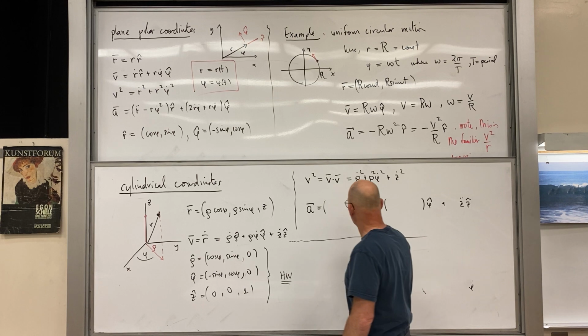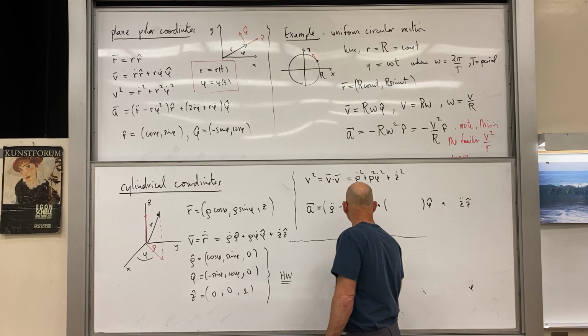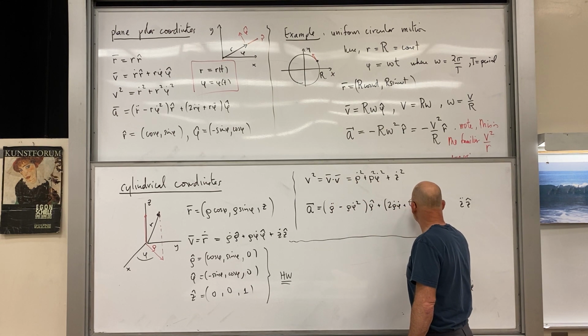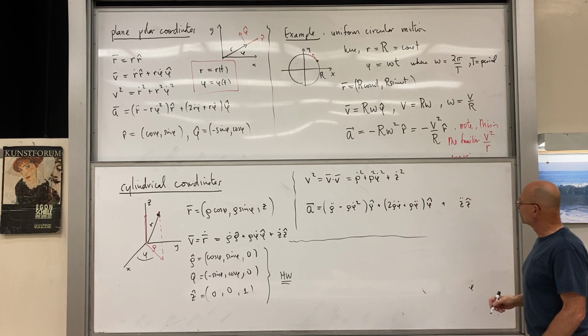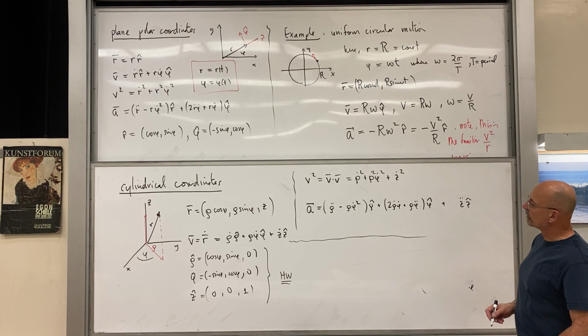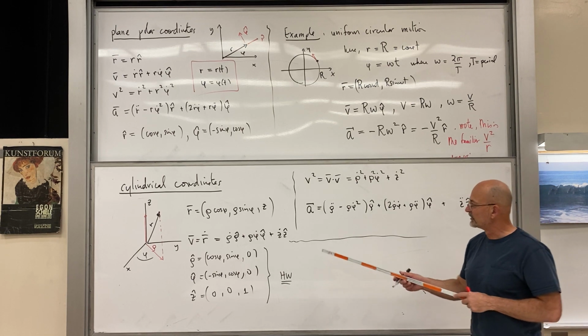Yeah, so we'll have rho double dot minus rho phi dot squared, 2 rho dot phi dot plus rho phi double dot. Okay, so there's our acceleration again. Same as before with the addition of that perpendicular coordinate in the z direction.